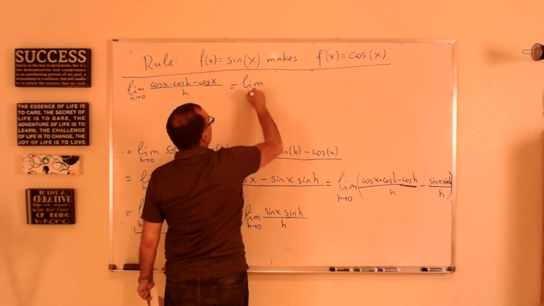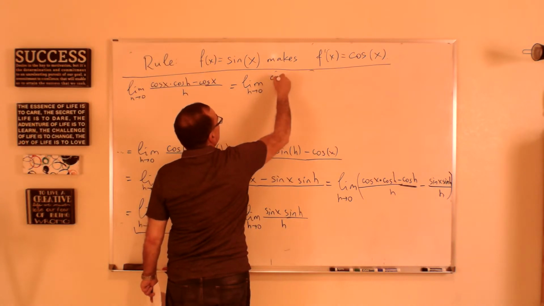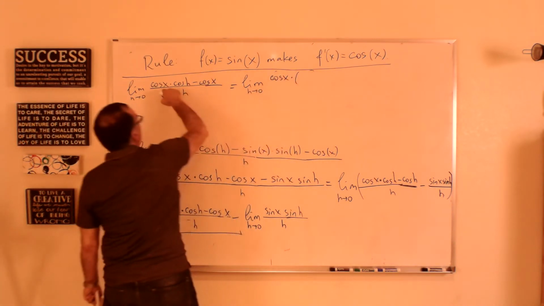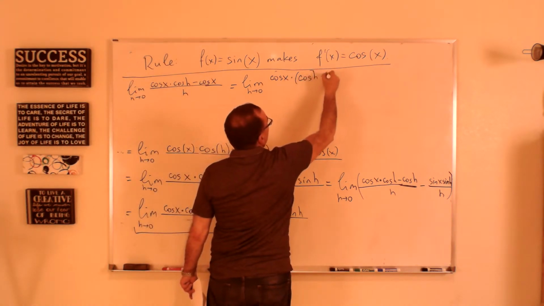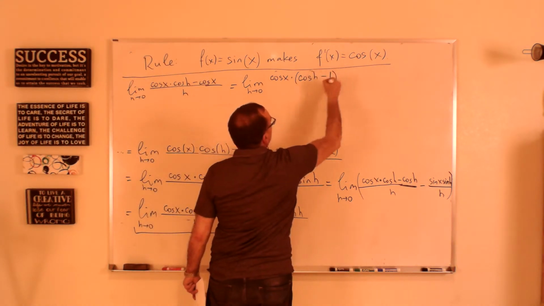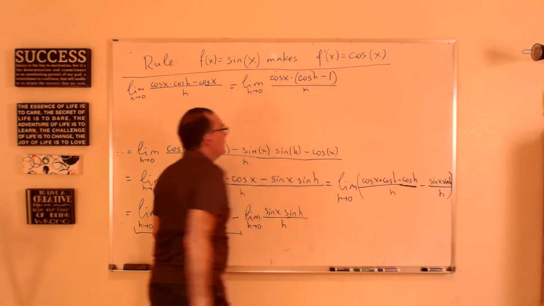So it is the limit as h approaches 0 of cosine x times cosine h minus 1 divided by h.